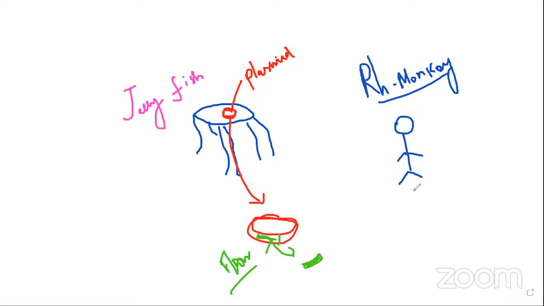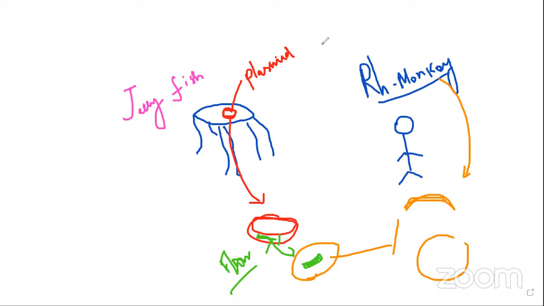Here the DNA molecules are also isolated from this part, the human rhesus monkey gene. This one is the jellyfish plasmid gene. These two are connected together. As a result, both the genes will be present.